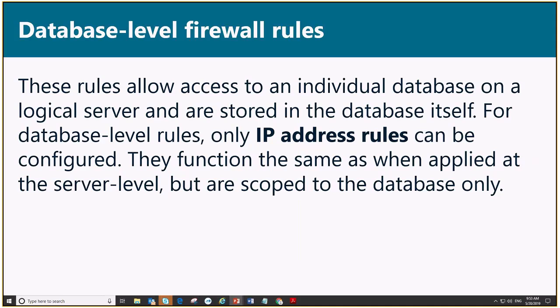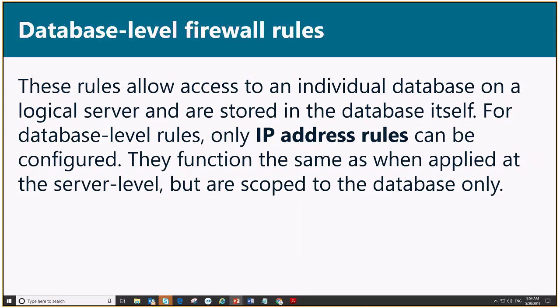All right, database level firewall rules. The database level is an individual database on the logical server. Remember, we can have many databases on the same server. They have access to the server, but they don't have access to every database on the server. Access to the server is one level.